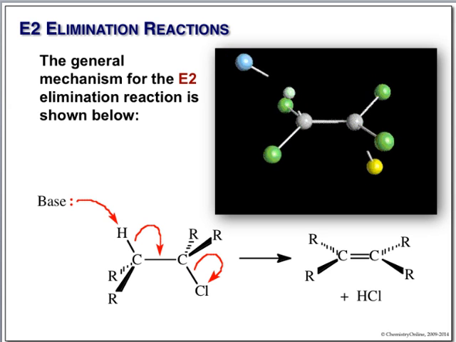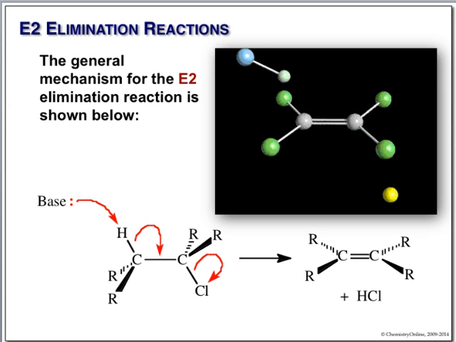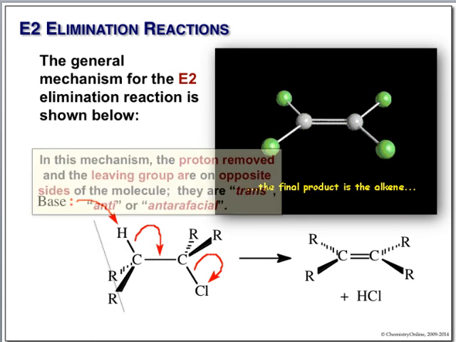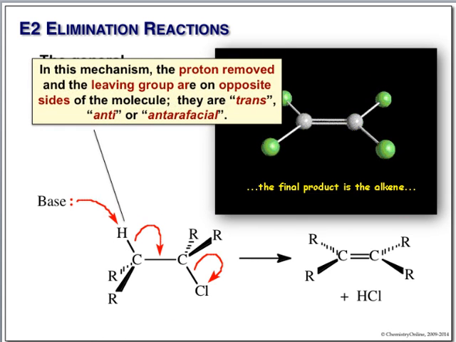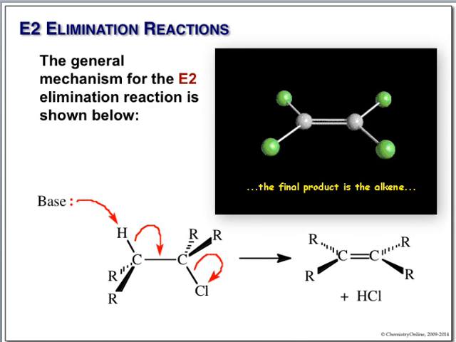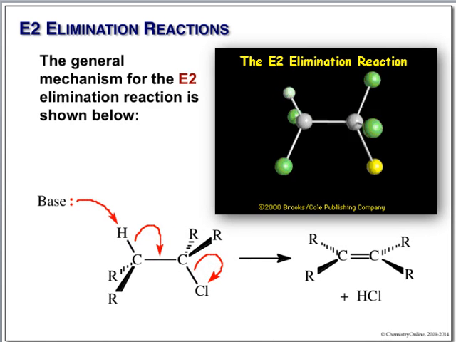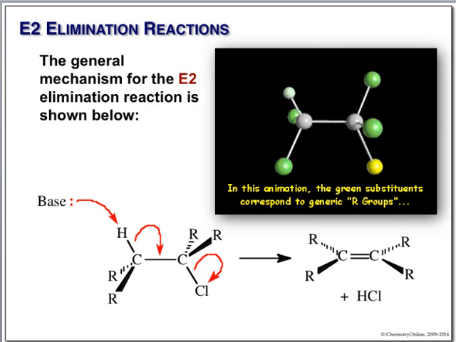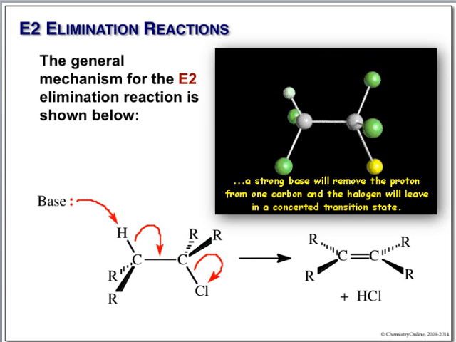Both things are in the transition state, so it's concerted, and we wind up with our alkene. Again, it's a trans elimination. There's actually beauty to it. You want to watch it again. This comes off, electrons go in, this leaves, all at the same time.